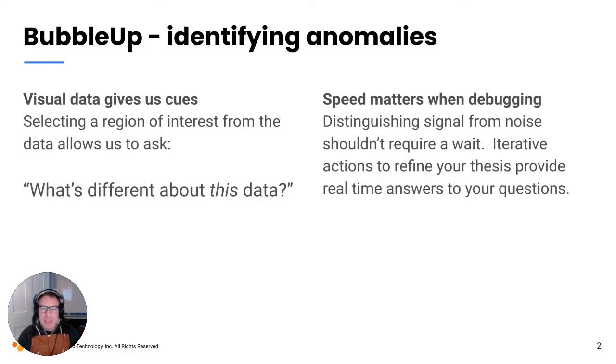We can see spikes in things like error rates and latency. So we've introduced a feature that allows us to select a region of interest from the data and ask a pretty generic question. What's different about this data? Great thing is Honeycomb's going to tell us. It can go and find the differences in that selection. And this is exactly what I'm going to show you in the demo in just a few minutes.